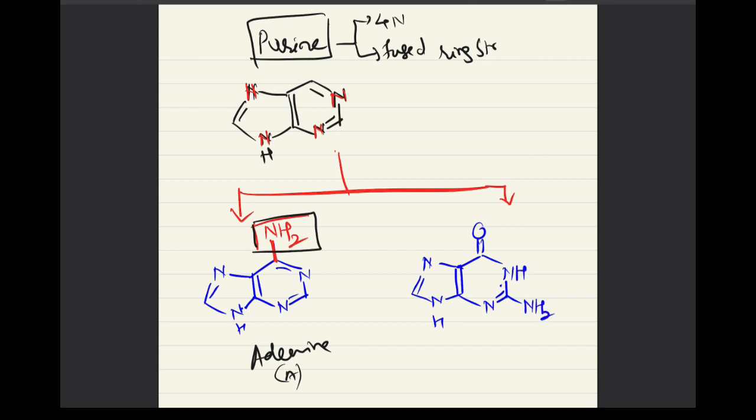What are the differences between these two? One extra C double bond O, and this is single bond NH2. These are the two extra components present in guanine, so we call it guanine, also called as G, guanine G, right?